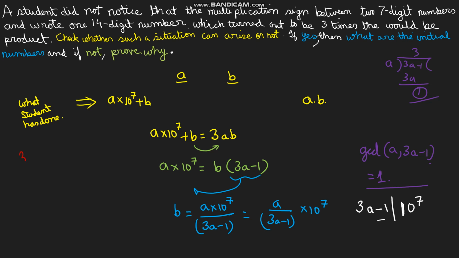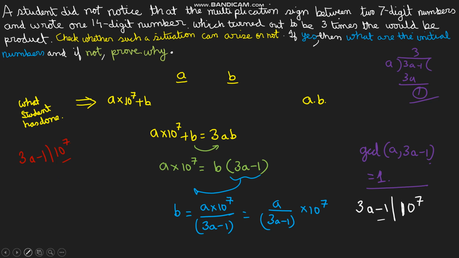I can say 3A minus 1 is a factor of 10 to the power 7, which we got. So we can write that 10 to the power 7 plus 1 has a factor 3, right? No, no, no, that's not the case. Wait a minute. We can say this from here.